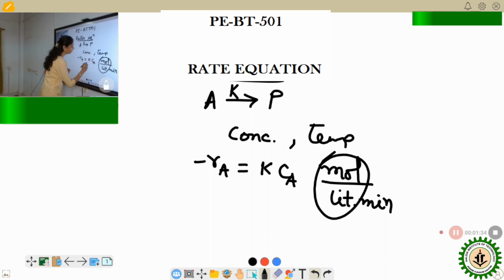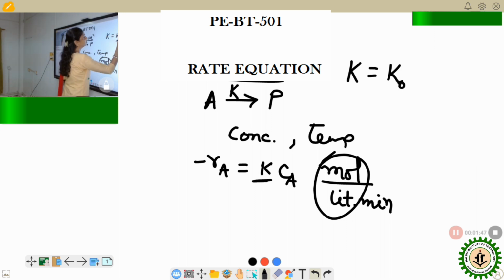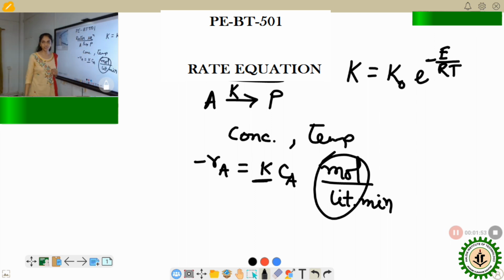So now this K, what is K? K is the reaction rate constant. If I look at that K, you can write it this way: K equals K0 e to the power minus E by RT, where K0 is the pre-exponential constant, E is the activation energy, R is the gas constant, and T is the temperature.